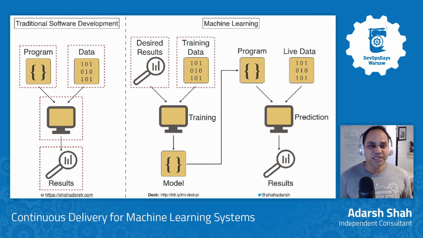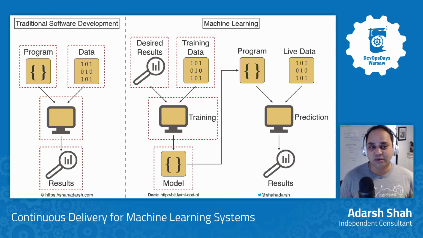In terms of machine learning, you actually provide the desired results and the training data, right? You provide this data where you know what the results are supposed to be. It goes through a training process, which in turn gives you the model that gets trained based on the training code, the desired results, and the training data.